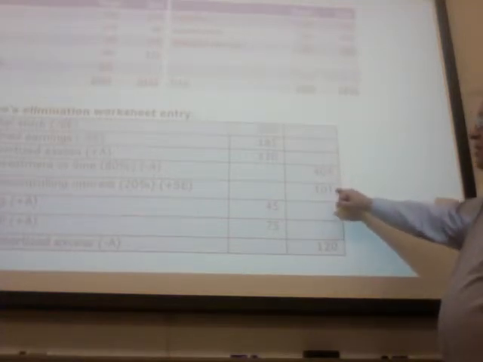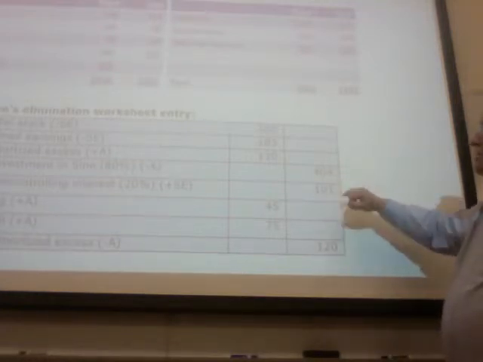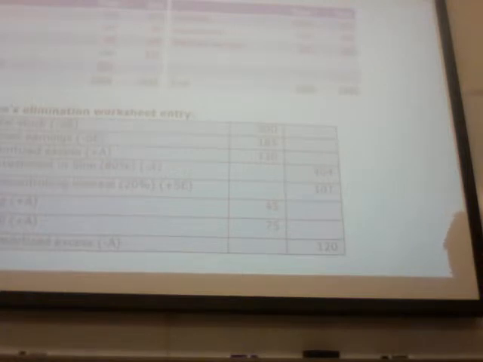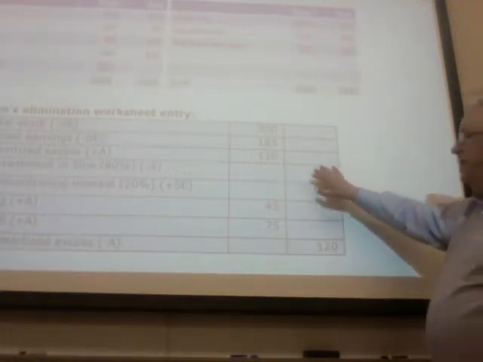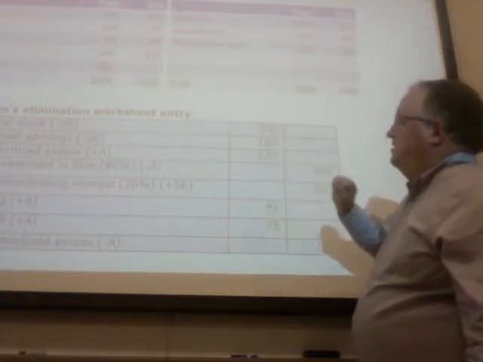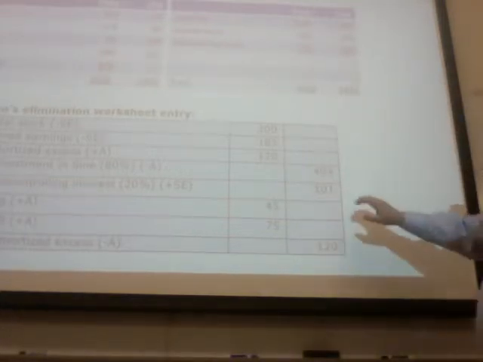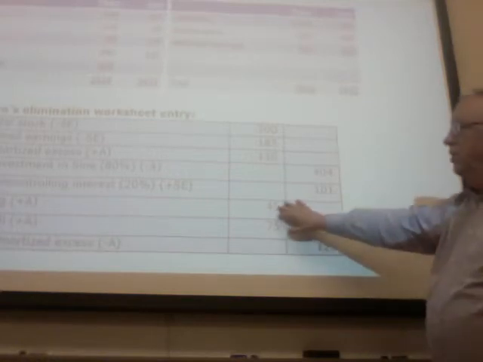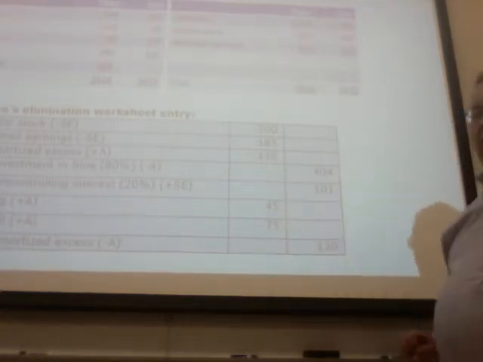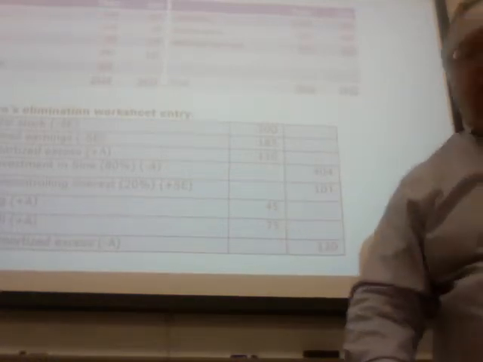These are now different numbers as of the end of the year. But they retain their proportionality, 80-20. Why are they different? Because we've amortized some of the excess and Sign had some earnings. That's why it's not 400 and 100 anymore. There's our building and our goodwill and our unamortized excess. We go ahead and make the entry for those.